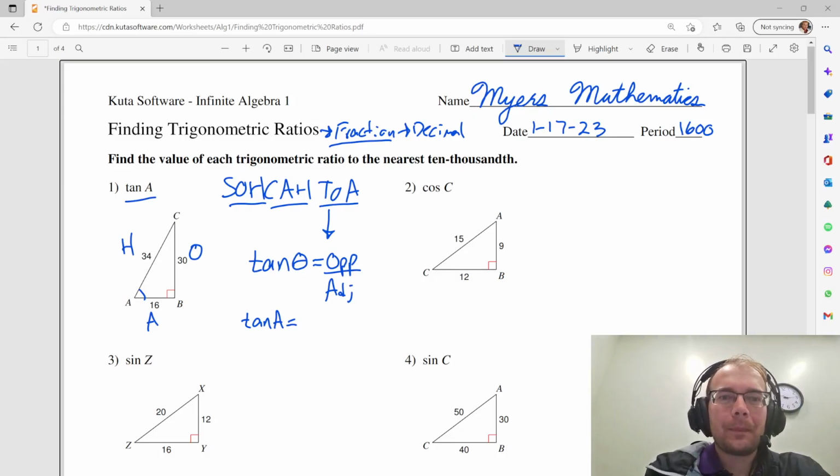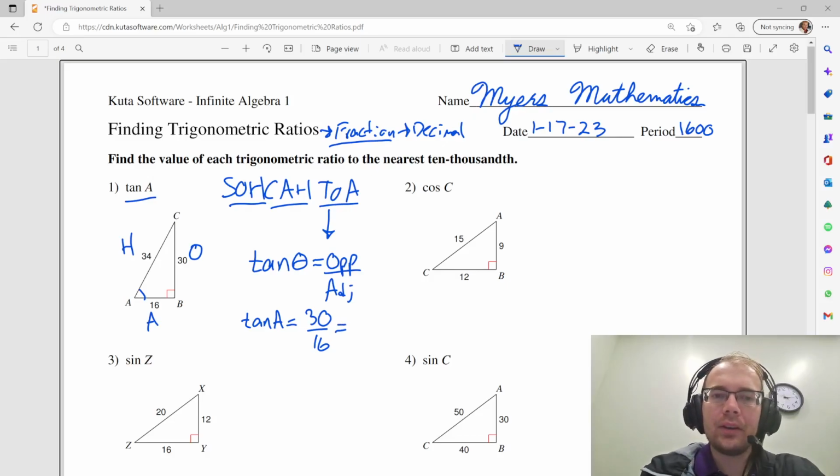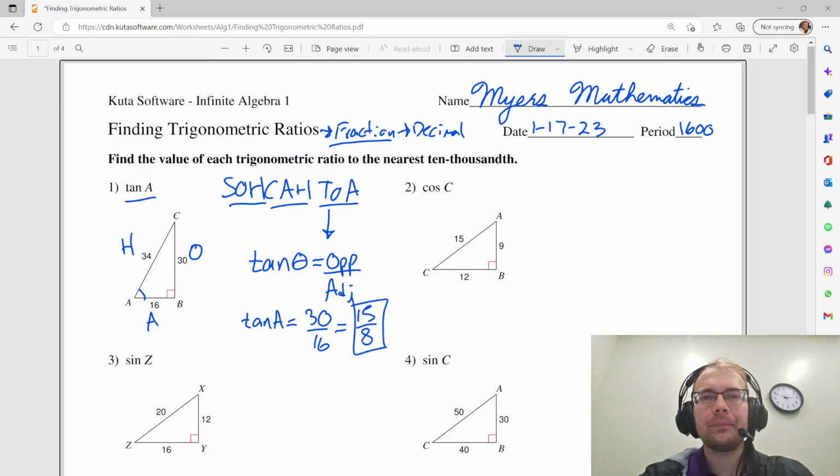So opposite is 30, adjacent is 16, and we can simplify that down a little bit because 30 and 16 both go into 2. So that would be our answer. All right, and that is how you do this.